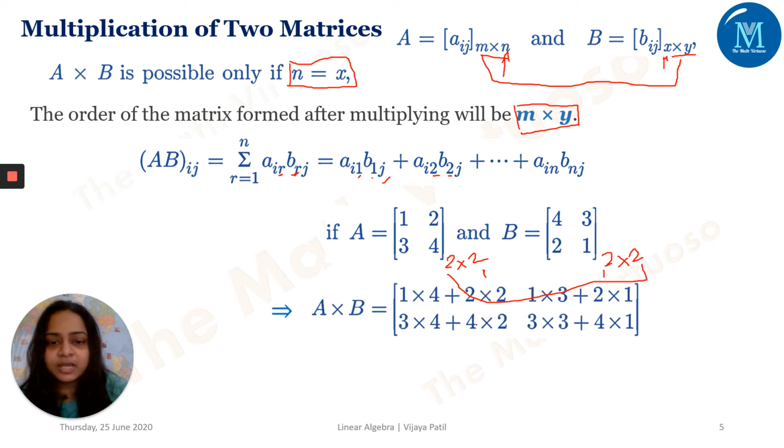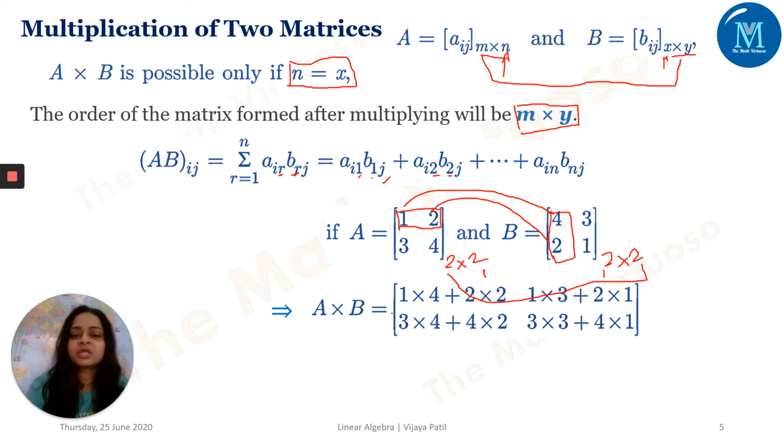So how is this possible? It is nothing but 1 cross 4 plus 2 cross 2. That means it is the first matrix row into the second matrix column. So it's 1 cross 4 plus 2 cross 2.